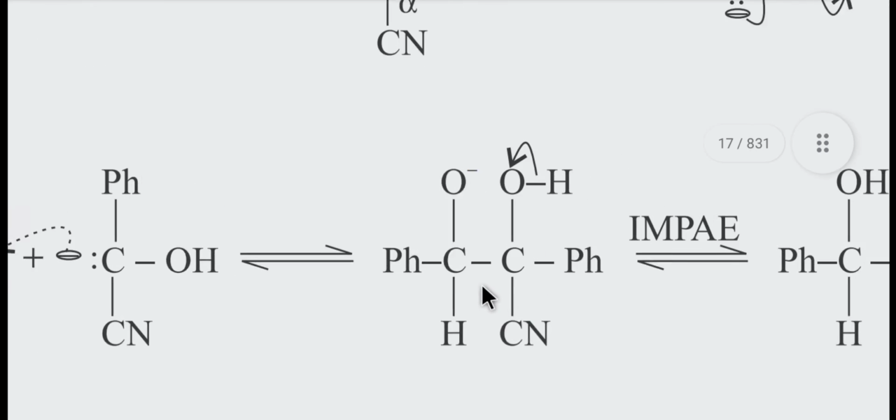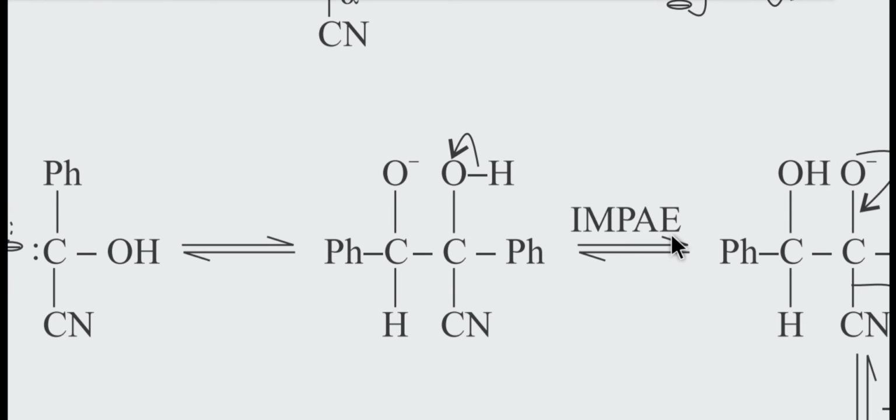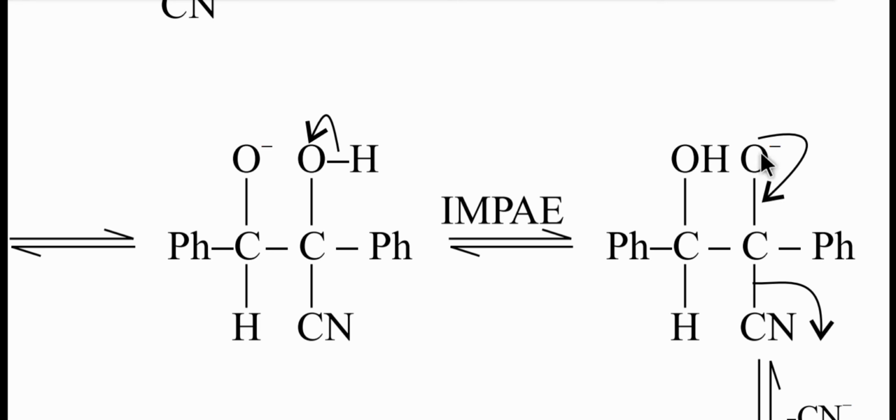The remaining part is the same as before, that is the phenyl group, the OH group, and the CN group. And once again intramolecular proton exchange occurs. Intramolecular proton exchange means that inside a molecule a proton is exchanged, so this proton will shift from this oxygen toward that oxygen. When the bond to the proton breaks, this oxygen will get a negative charge, while the proton shifts toward the other oxygen.